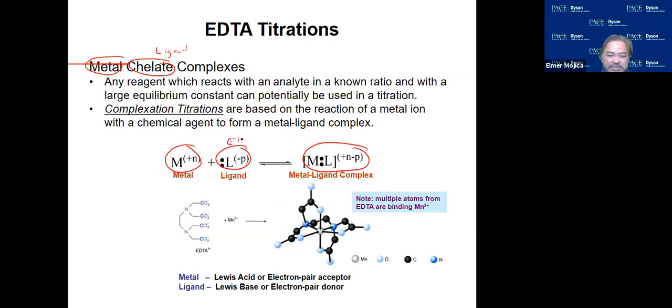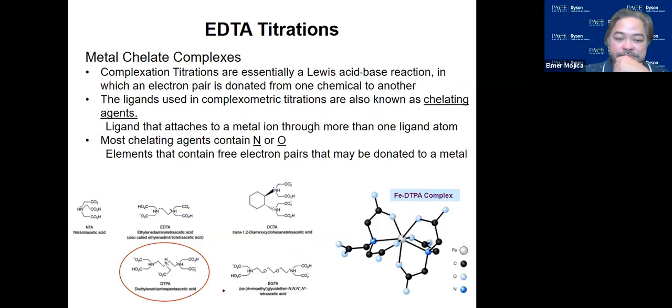So that's your EDTA. Now the type of titration that we have there is complexation titration. Why? Because you form a complex. This is based on the reaction of a metal ion with a chemical reagent to form a metal ligand complex. We could say it's a Lewis acid-base titration, because your metal acts as a Lewis acid, an electron pair acceptor, and the ligand acts as a Lewis base, an electron pair donor.